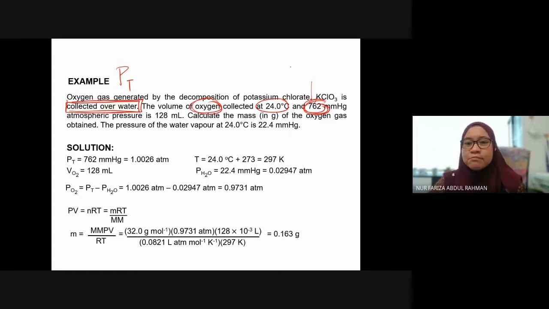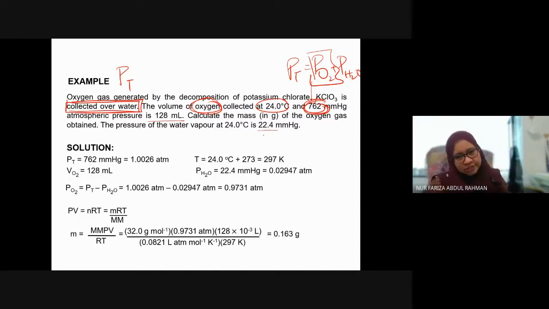So this is P total, P oxygen plus PH2O. You kena extract out this P oxygen first. And then this is the volume, and the question wants the mass for oxygen in gram. The pressure of the water vapor is given, so it is 22.4 mmHg.